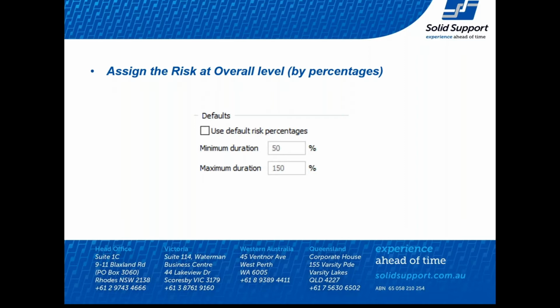Now, I'll take that a step further. If you're not a Powerproject user, you could take your P6 XER, import it into Powerproject, set the default percentages, and run risk analysis against your project and get reports and sensitivity reports from it.